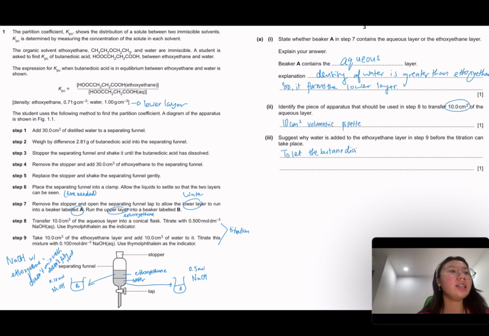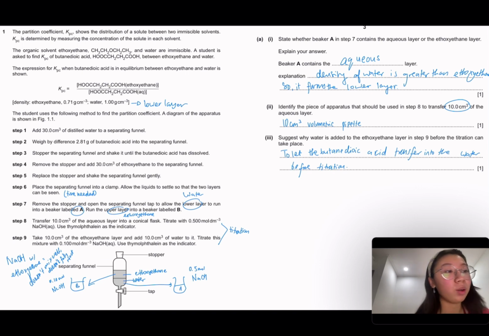Question AI. State whether beaker A in step 7 contains the aqueous layer or ethoxyethane layer. Again, aqueous layer. Explanation, very straightforward. The density of water is greater than the density of ethoxyethane, so it forms the lower layer. Identify a piece of apparatus that should be used in step 8 to transfer 10 centimeter cube of the aqueous layer.